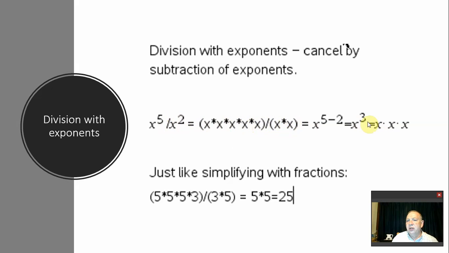I'm just left with x cubed, or I can do the subtraction rule that just says if I'm dividing, all I do is subtract the exponents. x to the 5th minus 2, which is just x cubed. And this is just like simplifying with fractions. So if I had 5 times 5 times 5 times 3 and a 3 times a 5, I'm going to do common factors. That 5 and the 3, 3 and the 5, all I'm left with is my 5 times 5, or 25.